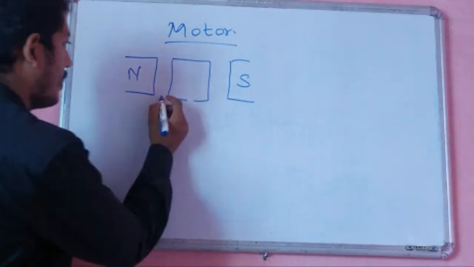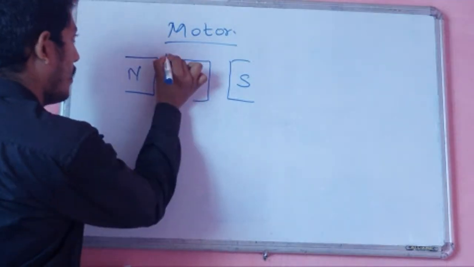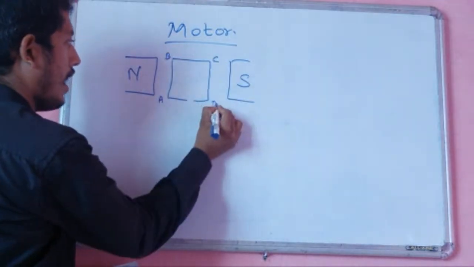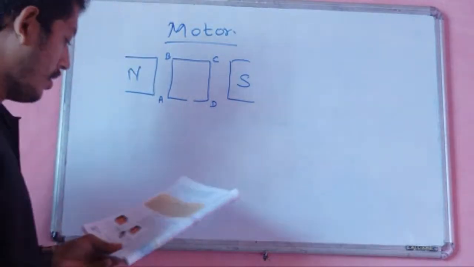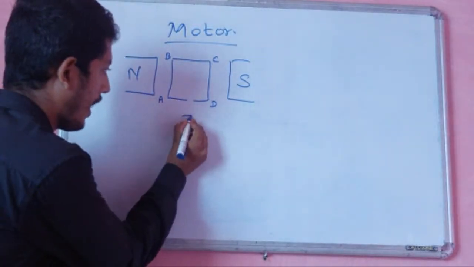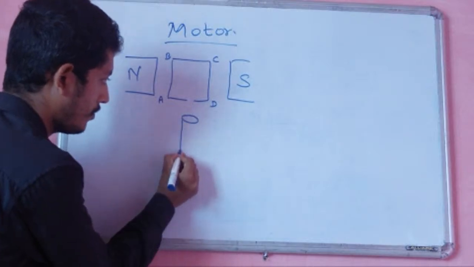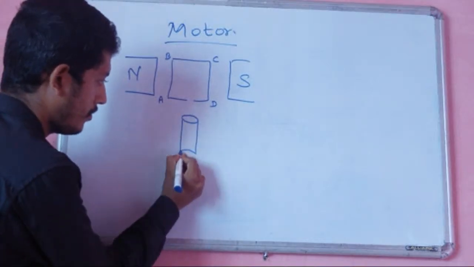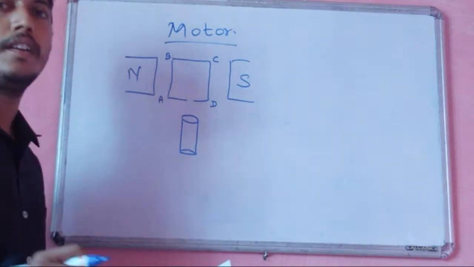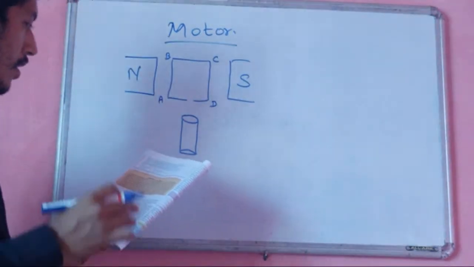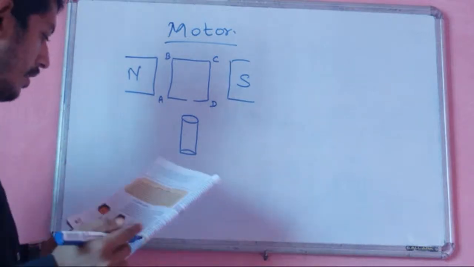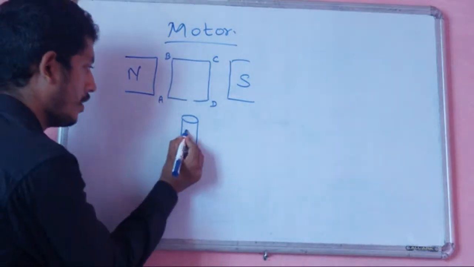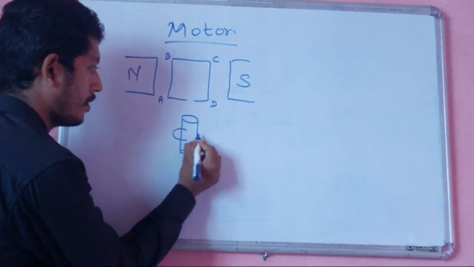I will give the names A, B, C and D. And then one axle is present. This is for attachment of the split ring, which comes later. Split rings: a single ring is divided into two parts.